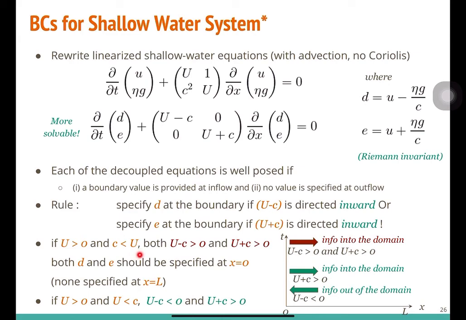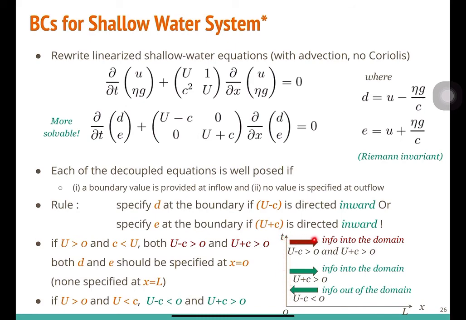If C is less than U, then it would be very easy to determine the inflow and the outflow, right? Because C is smaller than U, both of these affections, the affections of D and E, are inflowing into this domain on the left boundary.